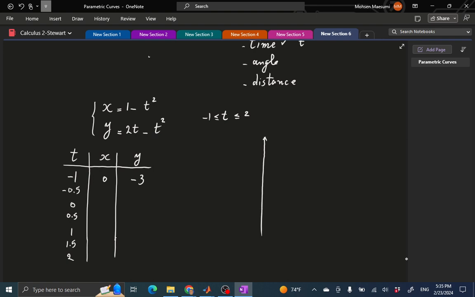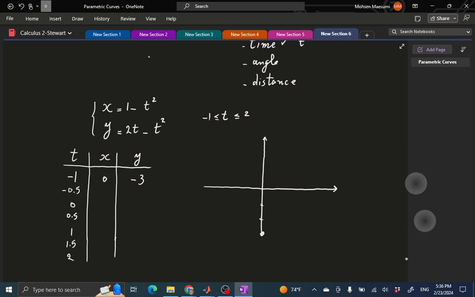So I have my coordinate system here, and it looks like our starting point corresponding to time equal to minus 1, I am at location minus 3. So that is my starting point. So the curves that we draw in this way, they have a starting point and an ending point, or sometimes they are referred to as initial point and a terminal point.